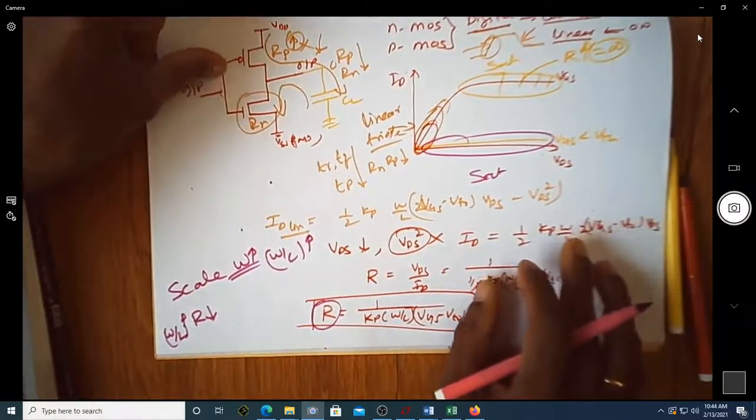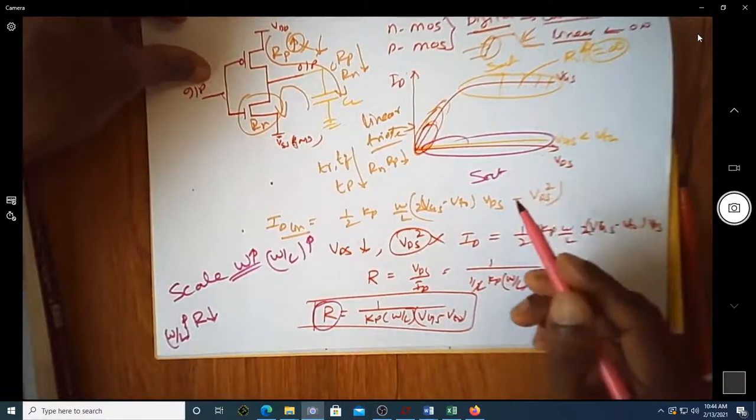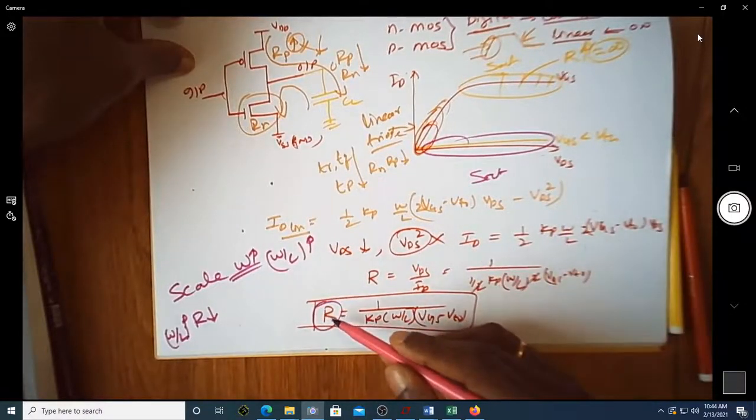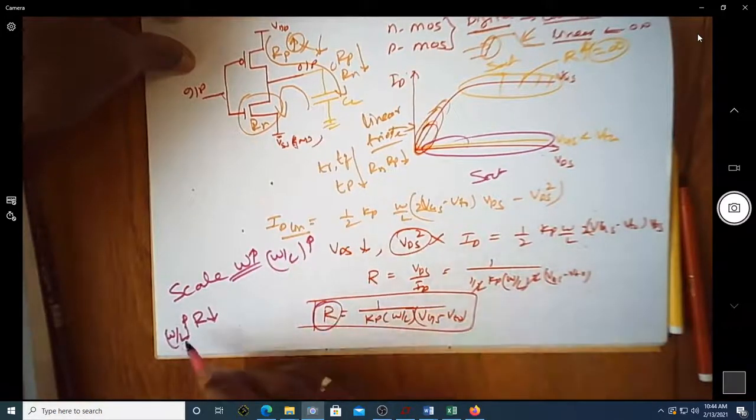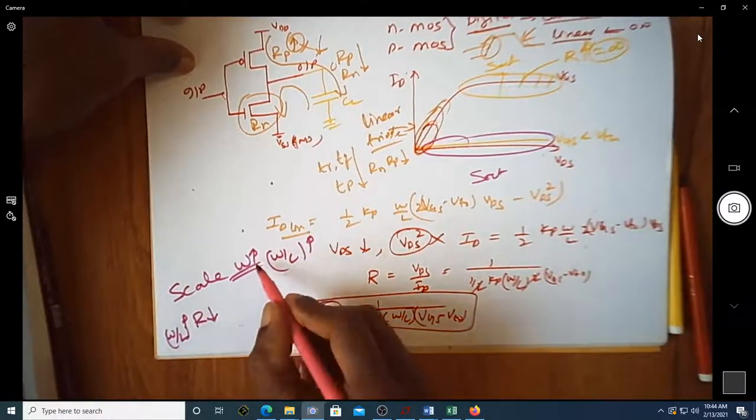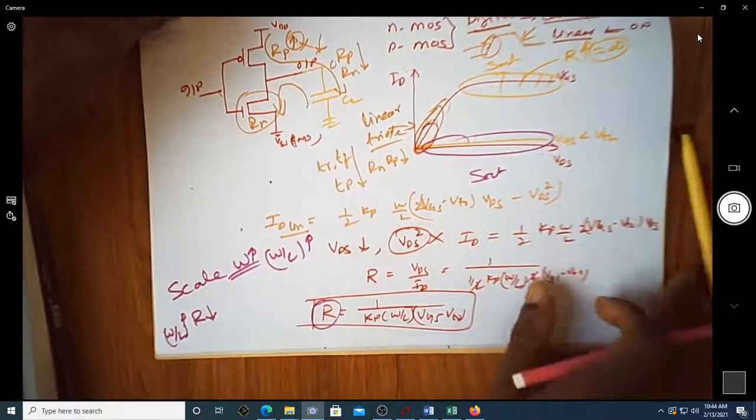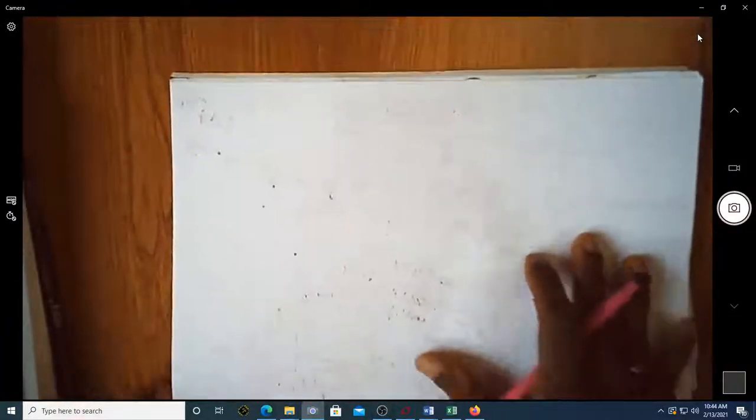Now we have a relationship between the resistance offered by an inverter as you scale it up or scale it down. If you scale it up, the resistance will come down. Simultaneously, let us see how the capacitance is affected by the scaling.